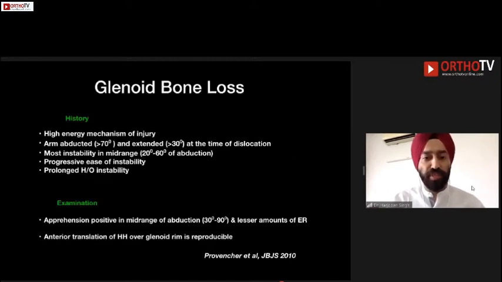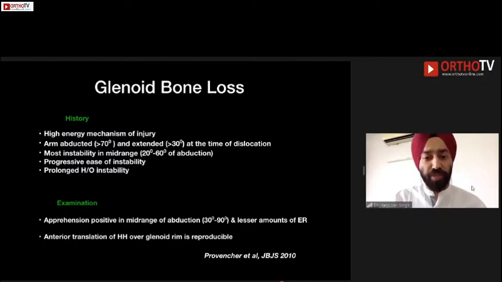Burkhart, in his study in 2010, suggested that we can have a fair idea about glenoid bone loss from history and examination. In history, if there's a high energy mechanism of injury, or if the arm is abducted more than 70 degrees and extended more than 30 degrees at the time of dislocation, if most of the instability is in the mid-range of abduction, if there is progressive ease of instability, and if there is a prolonged history of instability, all these things would suggest that this patient may have significant glenoid bone loss.